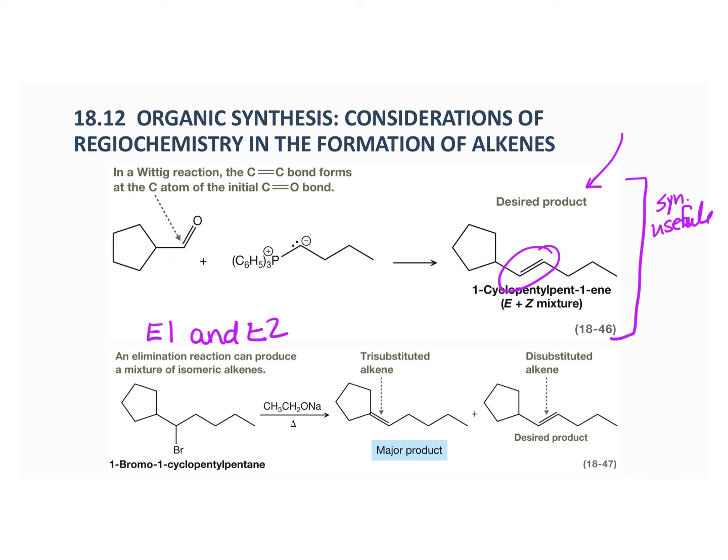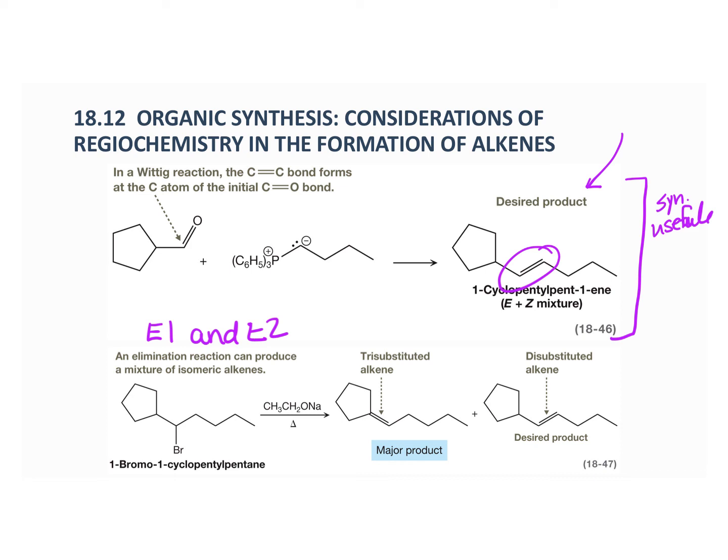In E1 and E2 reactions, you generally get a mixture of alkene isomers, and occasionally the desired isomer is the minor product. So for example, if this is what we really want to form, this is going to be our major product because it's a more substituted alkene, which makes it more stable. So this is problematic for us.